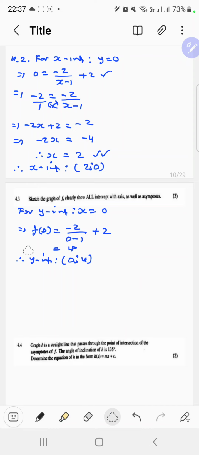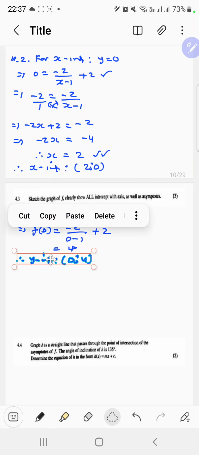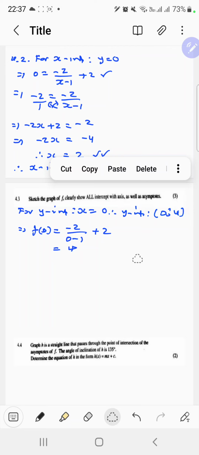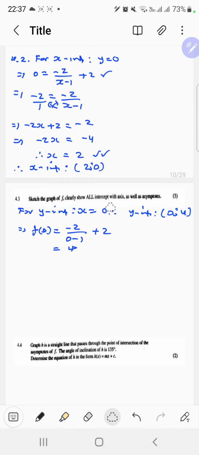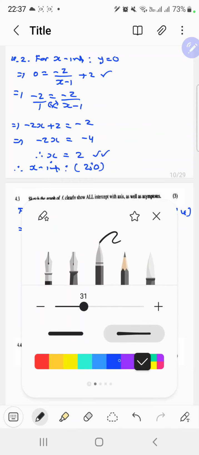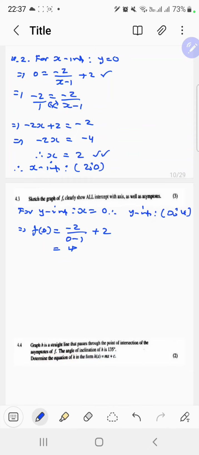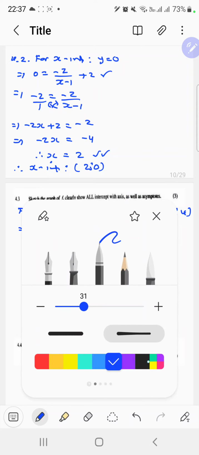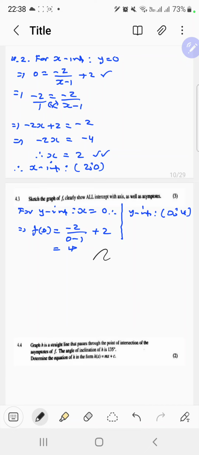Let's do this. I'm just moving it around so that I can have space. Okay. All right, so we just wanted to create a bit of working space here so that we can do our thing nicely.